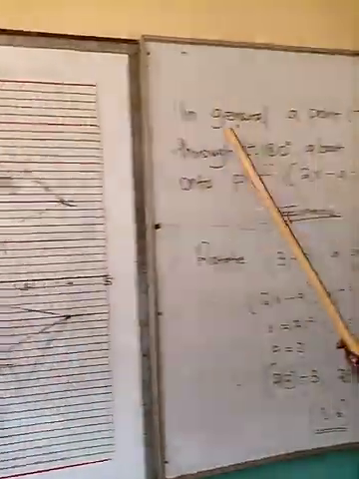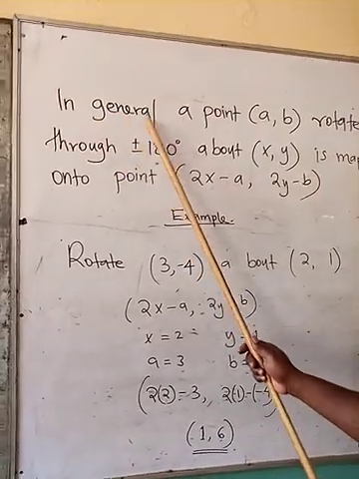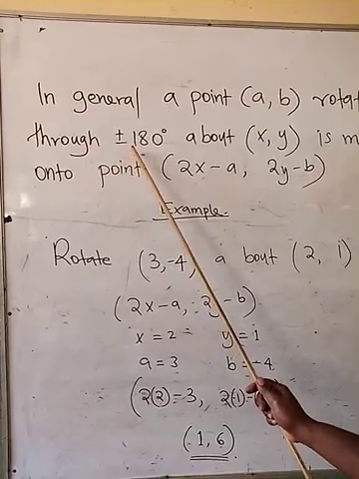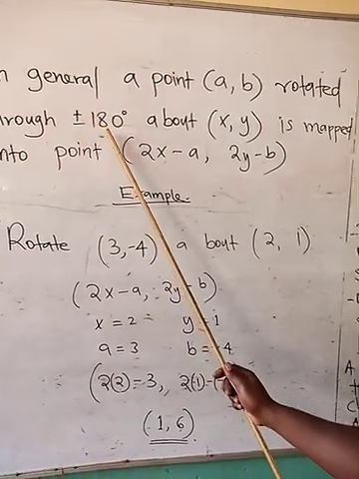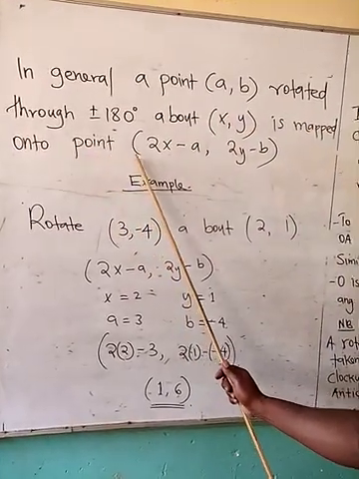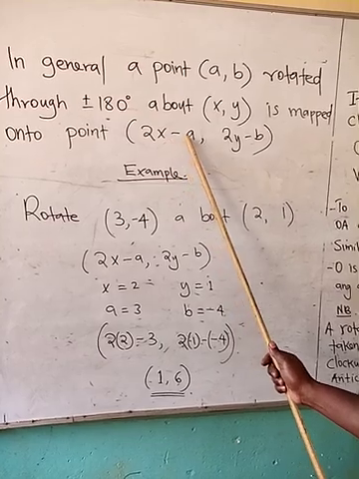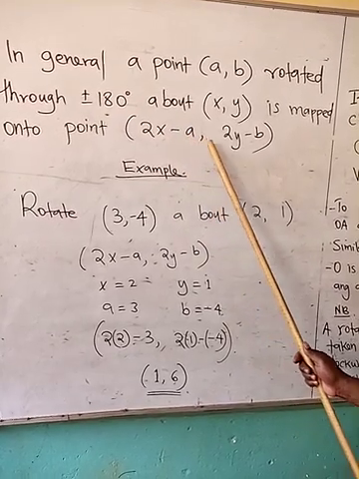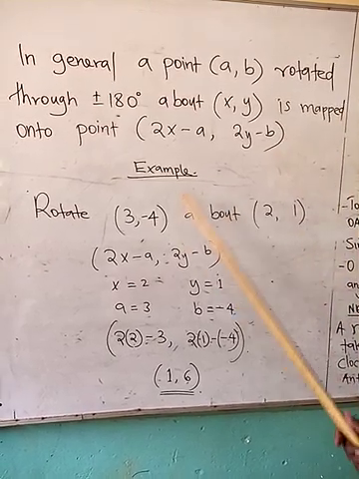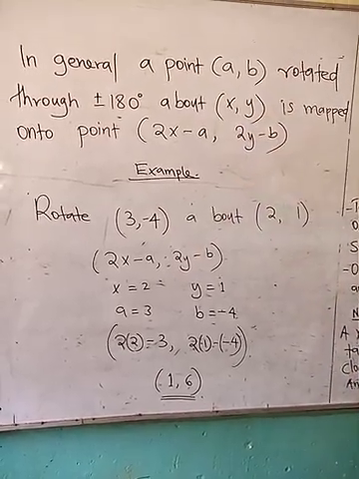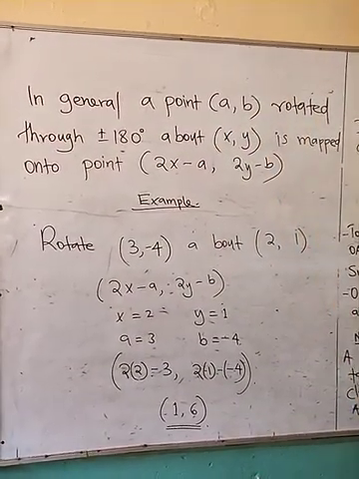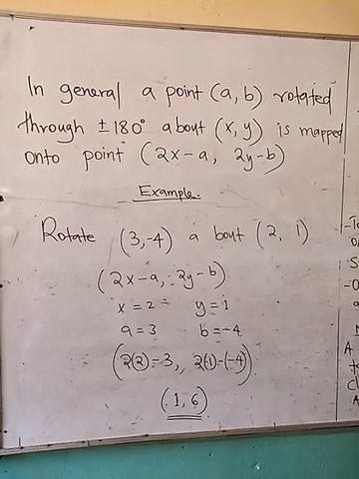In general, we can say that a point (a, b) rotated through 180 degrees, either plus or minus, about (x, y) is mapped onto the point (2x - a, 2y - b), where (x, y) is the center of rotation and (a, b) is the point to be rotated.